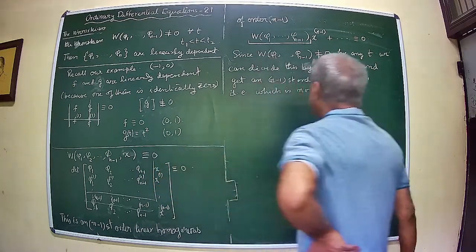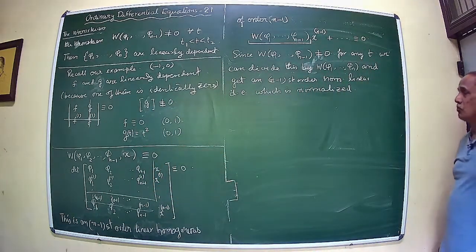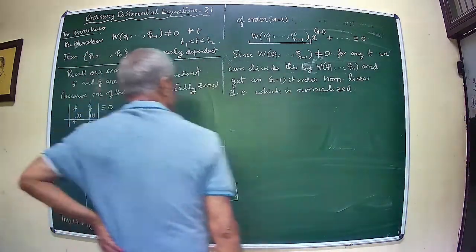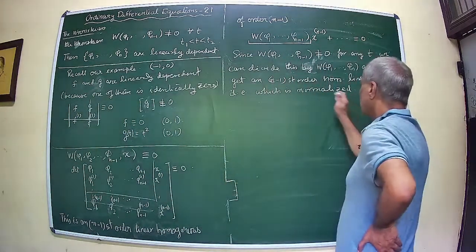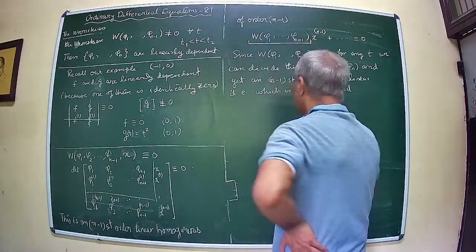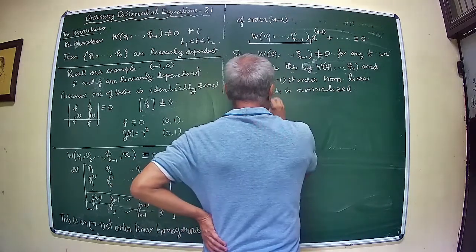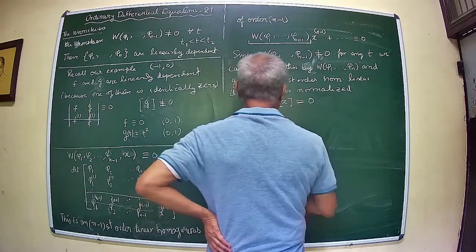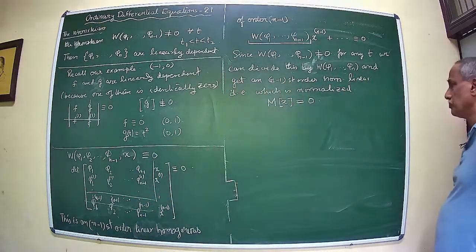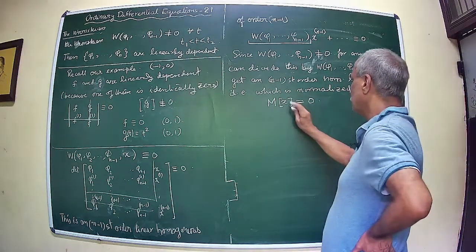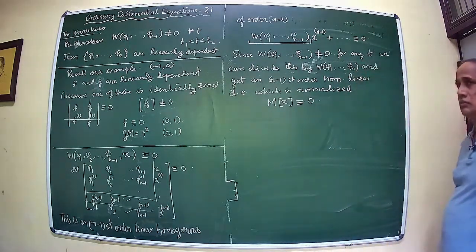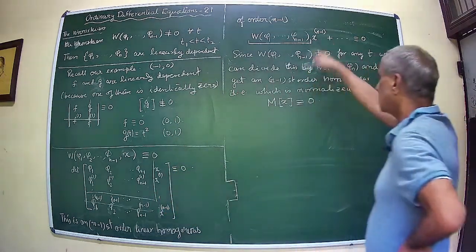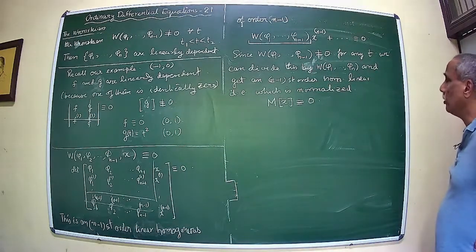That means by dividing by this, we have got the leading coefficient equal to 1. So let me call that equation, that n minus first order equation, let me call that some m, mx equal to 0, where m is the corresponding equation that we have obtained.